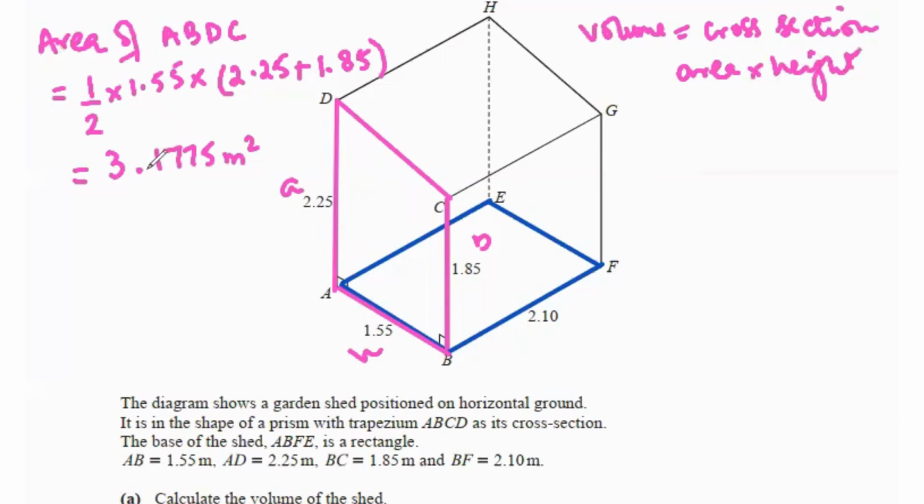Cross-section area is what we just found, which is 3.1775. And the height is this running length, which is 2.10. When we multiply this by 2.10, that should give us 6.67 meters cube. That is the volume of the shed.